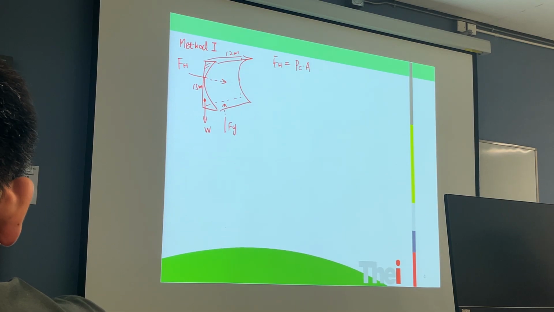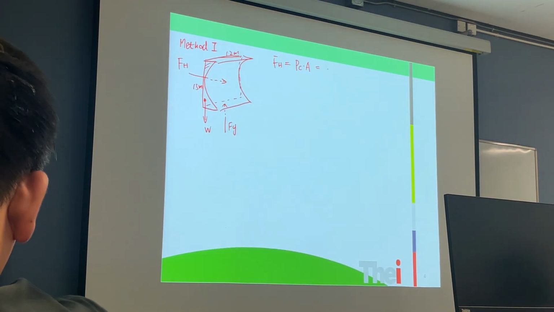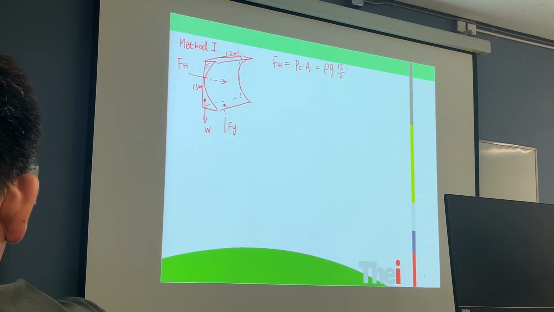For the vertical plane, this one is equal to 1/2 of the 15 meters, rho g, times the area. The area is 12 meters times 15 meters.